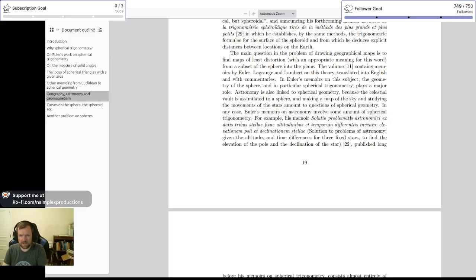Solutio Problematis Astronomici ex datis tribus stellae fixae altitudinibus et temporum differentiis invenire elevationem poli et declinationem stellae. Solution to the problem of astronomy: given the altitudes and time differences for 3 fixed stars, to find the elevation of the pole and declination of the star.